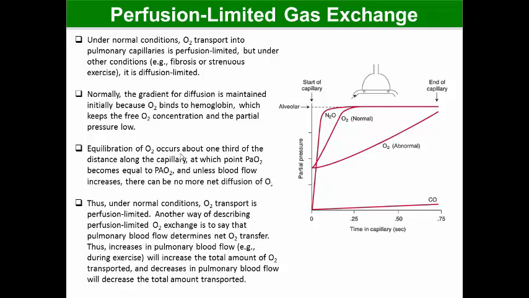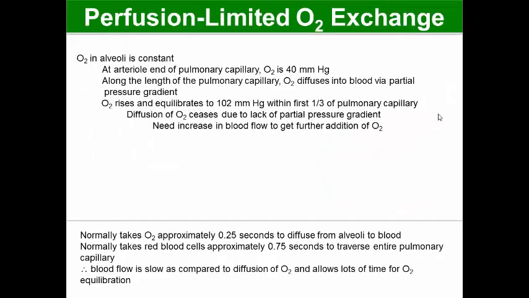And the only way to increase the total amount of oxygen transported is by increasing the perfusion. Under abnormal conditions, like what we have in emphysema or in fibrosis, and also during strenuous exercise, oxygen movement becomes diffusion limited, because even by the end of the pulmonary capillaries, the partial pressure of oxygen in the pulmonary blood wouldn't reach that in the alveolar air.